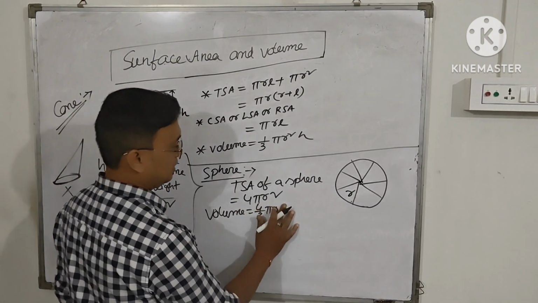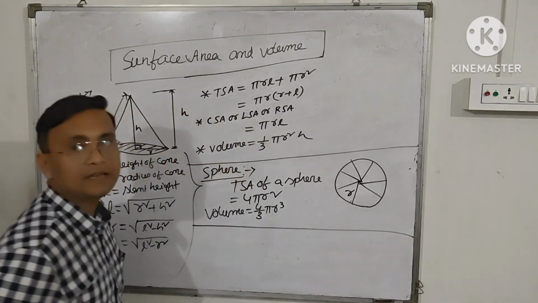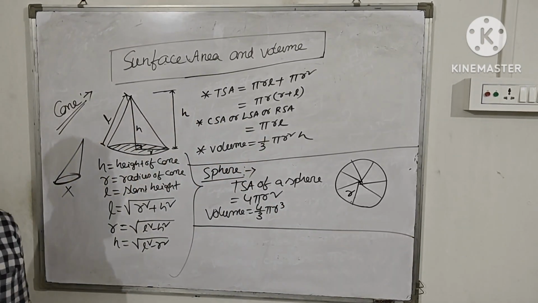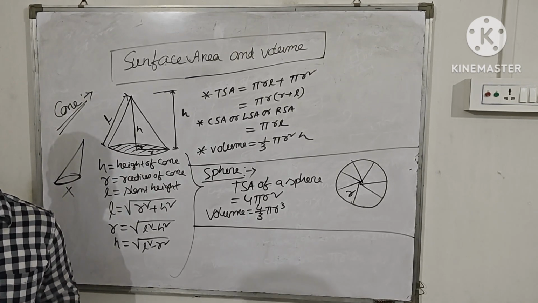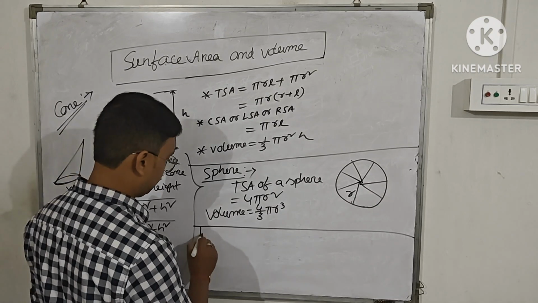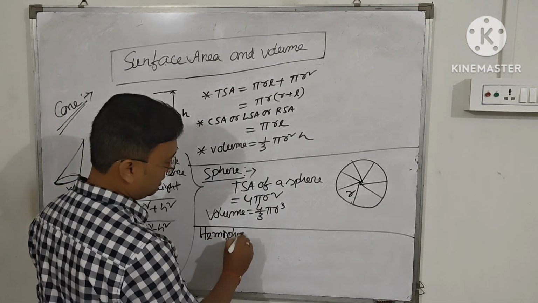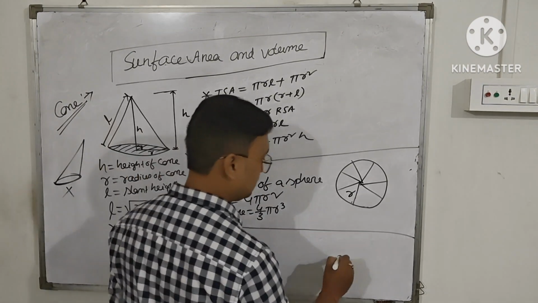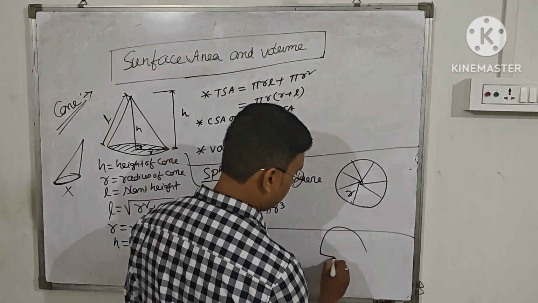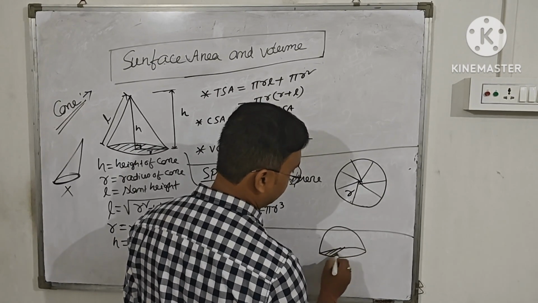Okay. Next, one additional figure is left, that is known as hemisphere. What is hemisphere? It is a part of sphere. Half of this sphere is known as hemisphere.